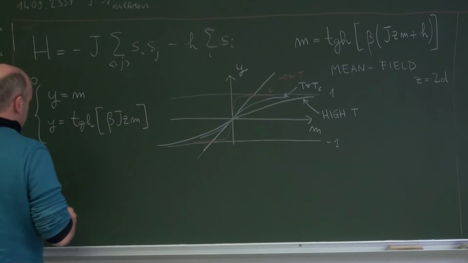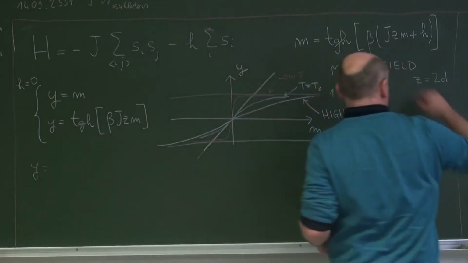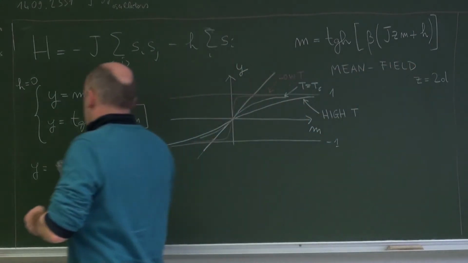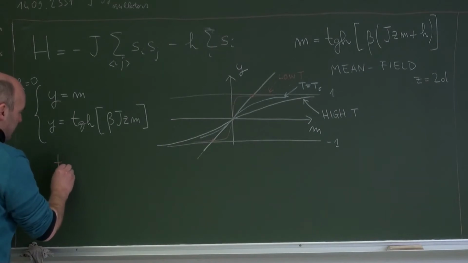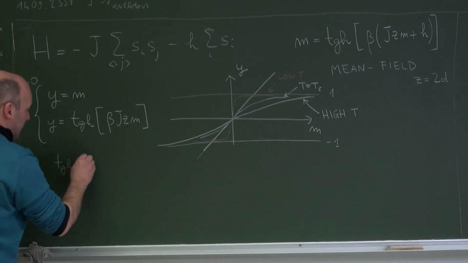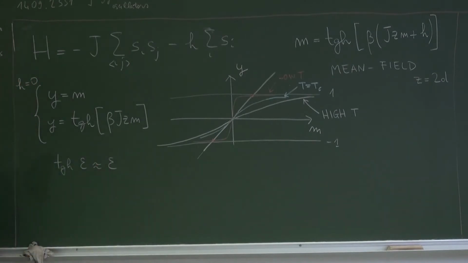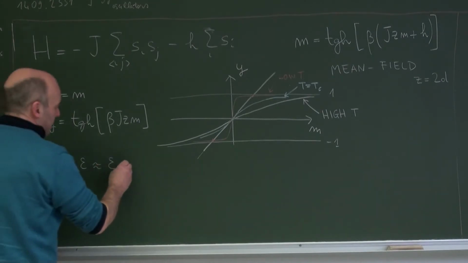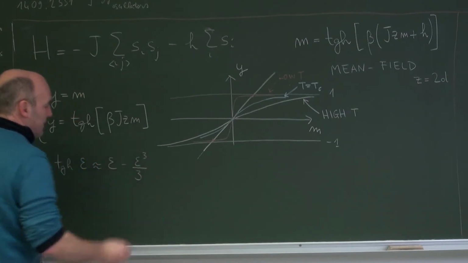Let me recall that for small values of its argument epsilon, the hyperbolic tangent is equal to epsilon minus epsilon cubed divided by 3.